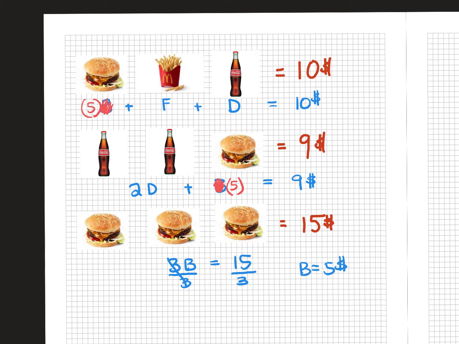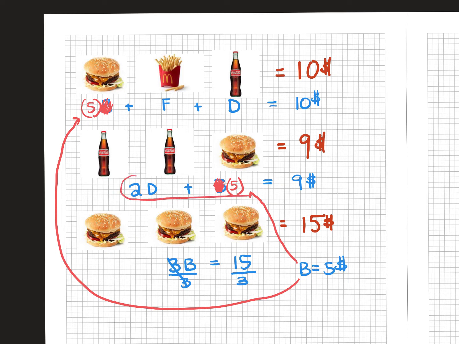So we took this information and we plugged it into another equation that we knew because apparently all of them are correct. Now that makes our second equation, this one right here, only have one letter in it. Now there's just 2d plus 5 equals 9.